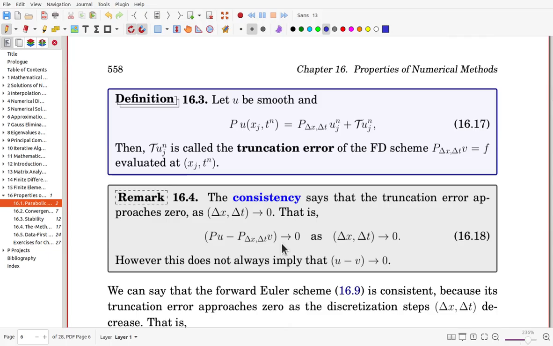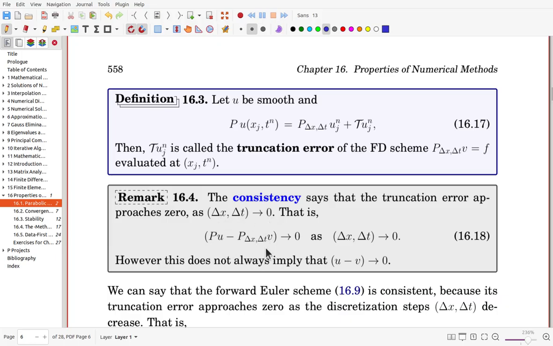And here we define truncation error. For a given solution and its numerical approximation, you have some remainder for this portion, and we call it the truncation error. Now consistency is saying that the truncation error approaches 0 as the grid parameter approaches 0.